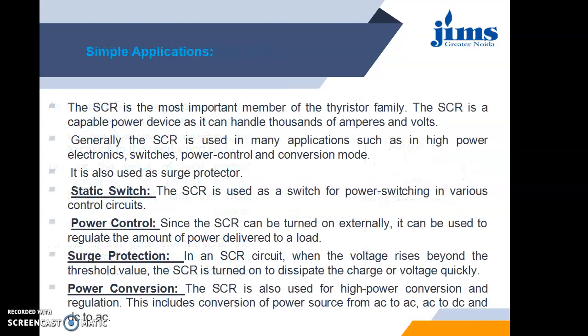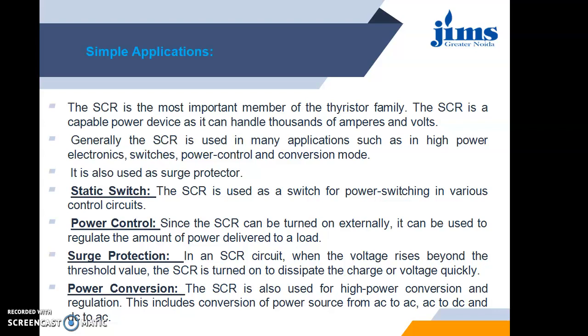Now we have some applications of SCR. Very few important applications are static switch. It is used as the switch for power switching in various control units. Then power control. Since SCR can be turned on externally, it can be used to regulate the amount of power delivered to a load. Then surge protection.